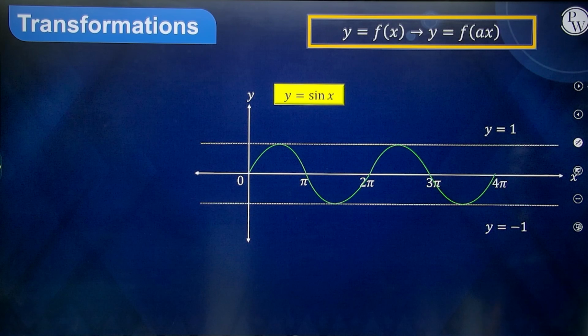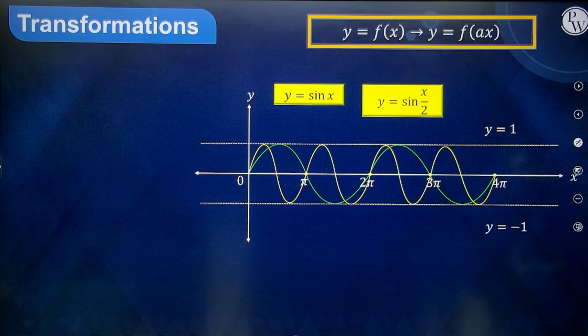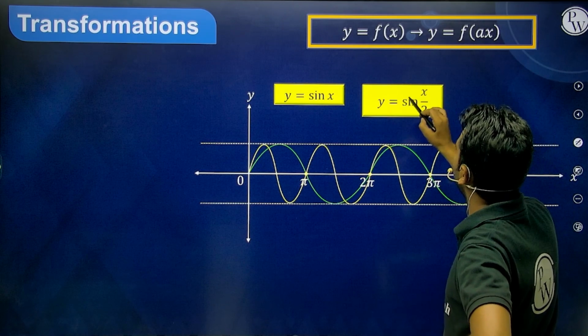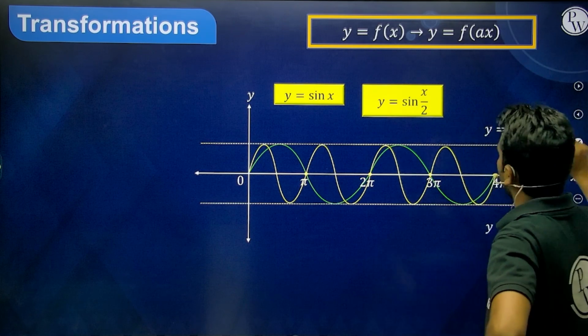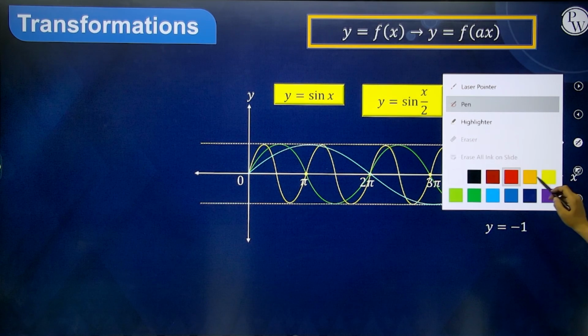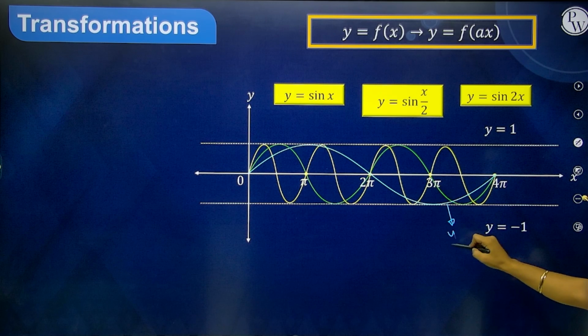So that's how the graph of y equal to sin x looks like. Now this is this yellow one. No, there is some error in this. This is of y equal to sin 2x. Okay, no, let me show. So this blue graph is of y equal to sin 2x.